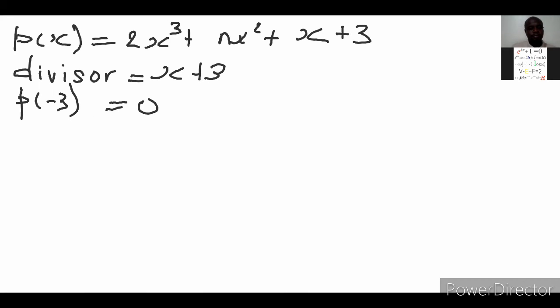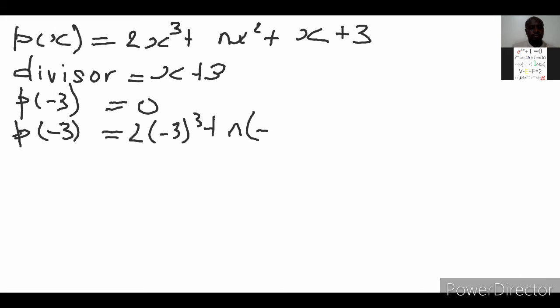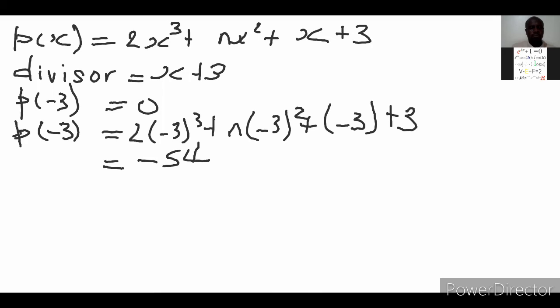And p of negative 3 would be equal to 2 bracket negative 3 cubed plus n bracket negative 3 squared plus negative 3 plus 3. And that would be equal to negative 54 plus 9n, and 9n would be equal to 54, where n equals 6.